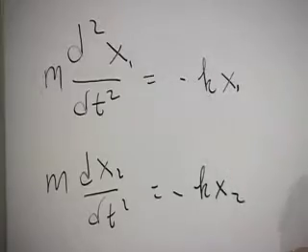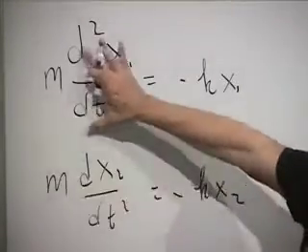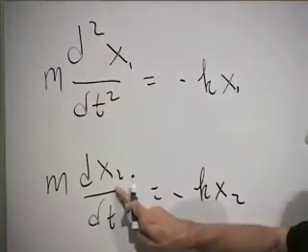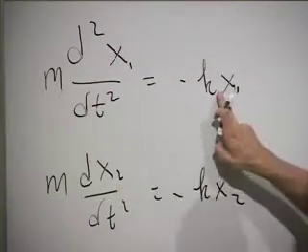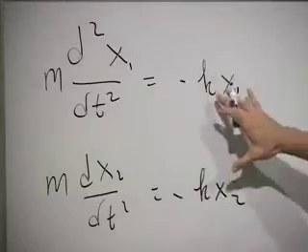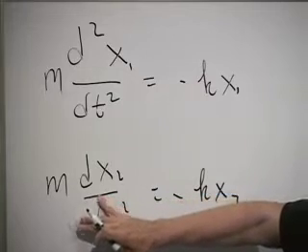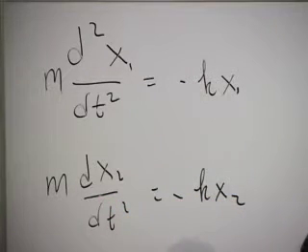These correspond to two different solutions of the same equation. If I add the two equations, I just get that m times the second derivative of x1 plus x2 is just equal to minus k times x1 plus x2. So you see directly from the form of the equation that the sum of two solutions is another solution. But suppose I change the equation.